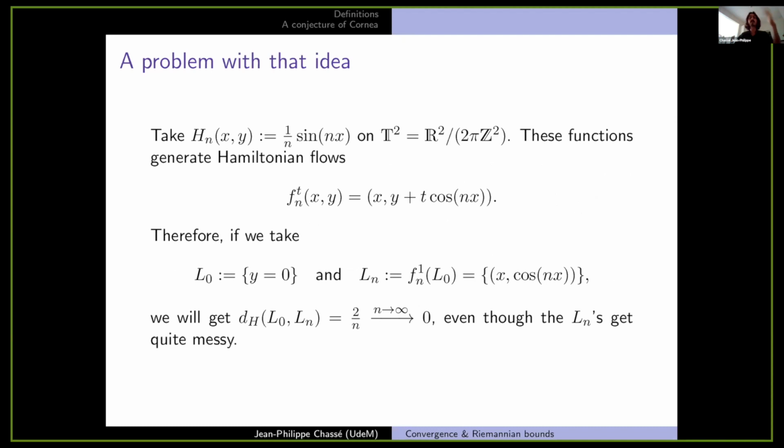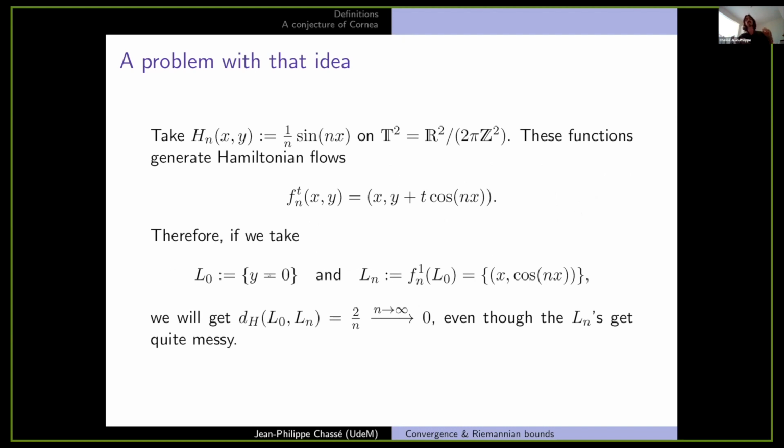Here I just construct a simple example. I take Hn to be essentially a sine, and the Hamiltonian flow that it is going to make on the torus is this thing just translated by a cosine.